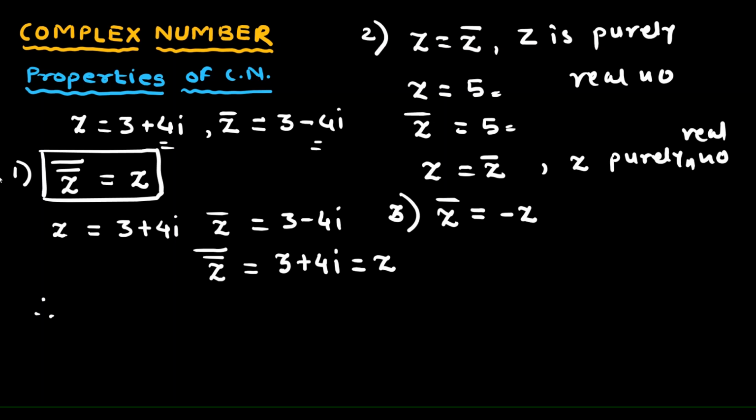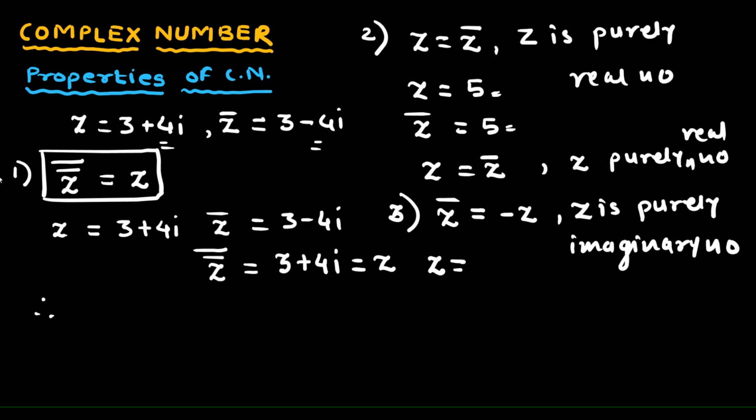In the same way, the third property is that if z conjugate equals minus z, then z is a purely imaginary number. For that, if I consider z equals 3i, then the conjugate of that complex number will be minus 3i, because it is an imaginary part and we have to change the sign of the imaginary part.